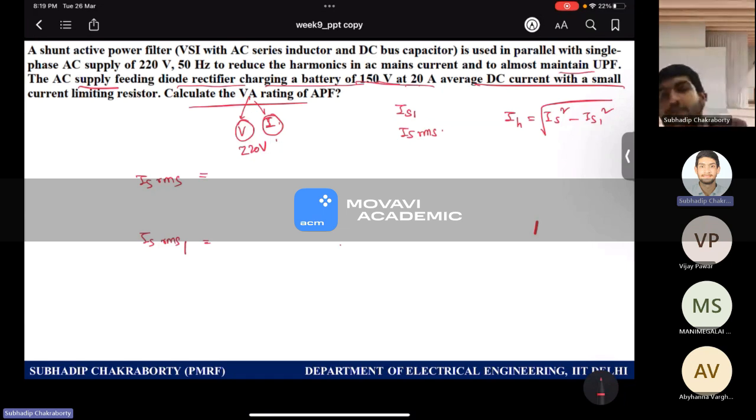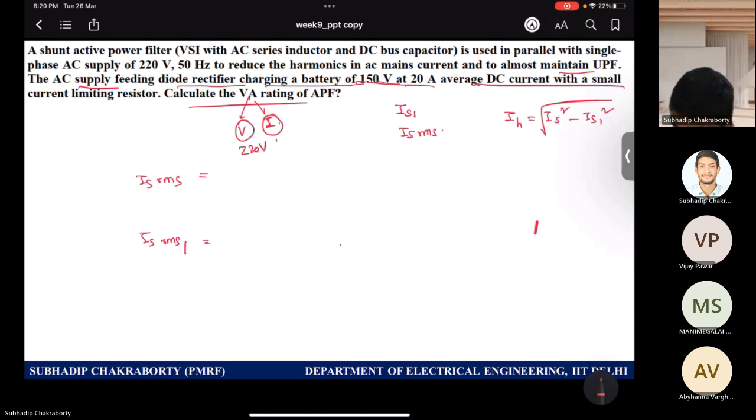We are trying to maintain sinusoidal currents at the input side, and the remaining harmonics will be... just let us draw. The screen is not lagging now. So I am drawing the single line diagram.